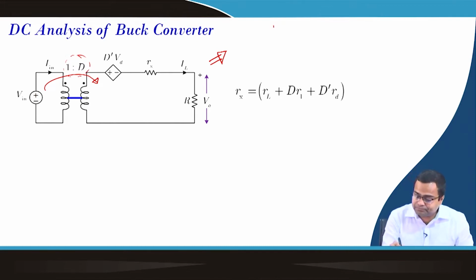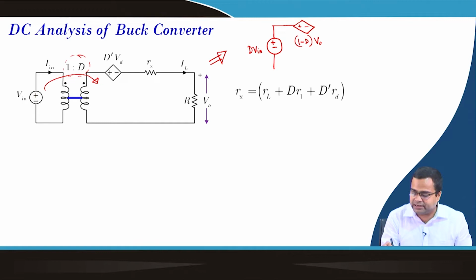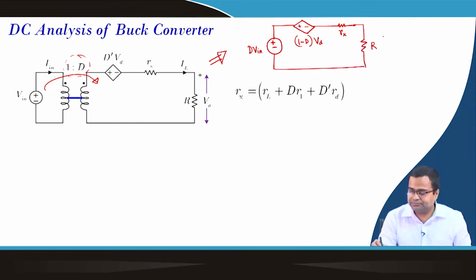This will be our DC equivalent term here, D into V in, and there is another source, which is 1 minus D, or D dash, into Vd, the diode drop. Then we have some Rx resistance and this is our load resistance R, and this is our V0, plus minus.